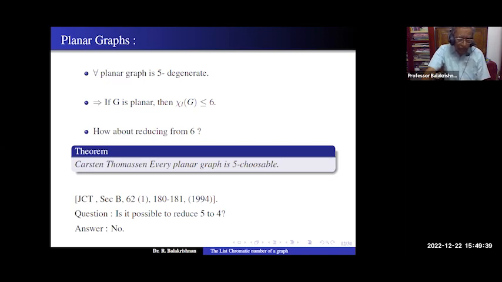Now, the next question is, is it possible to reduce phi to 4? That is a natural question. Originally you said 6, because k plus 1 is 6. And then by Thomassen's theorem, you can reduce it to 5. Every planar graph is phi choosable. So naturally, the next question is whether every planar graph is 4 choosable.